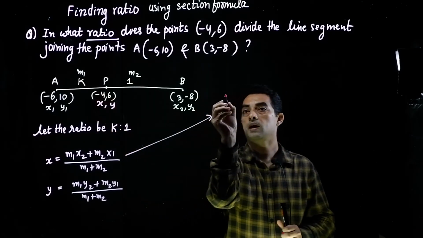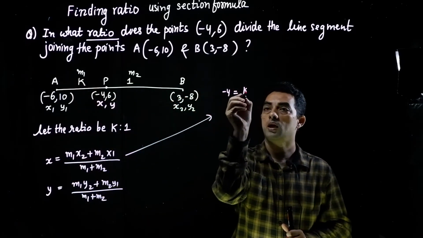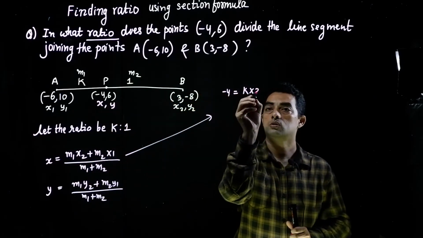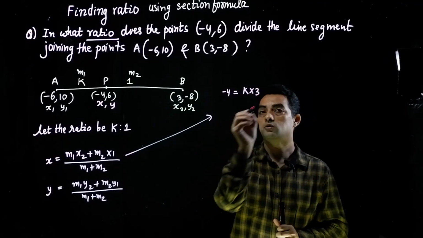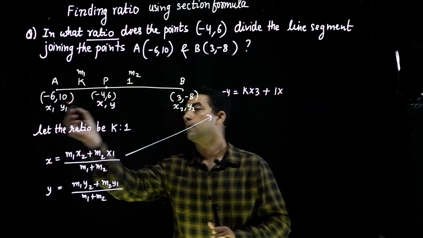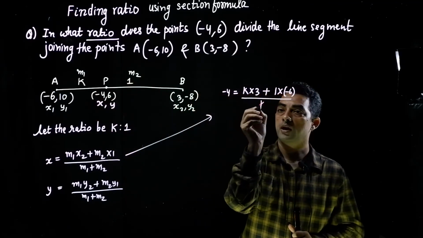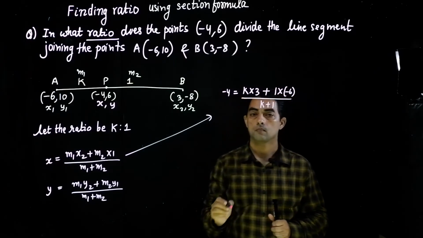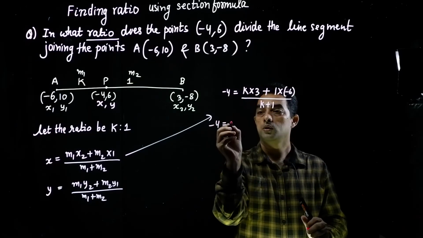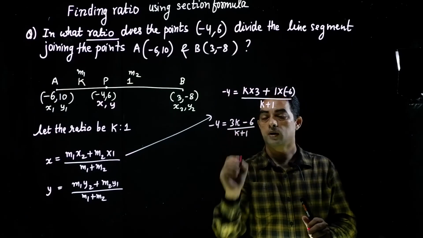The value of X is -4, equal to m1, which is K, multiplied by x2, which is 3, plus m2, which is 1, multiplied by x1, which is -6, divided by m1 + m2, which is K + 1. So the equation becomes -4 = (3K - 6) divided by (K + 1).